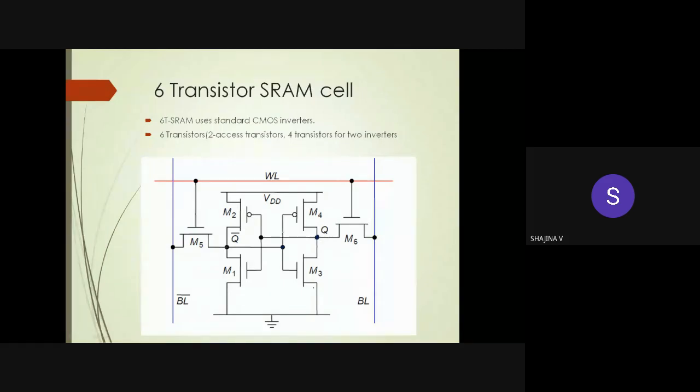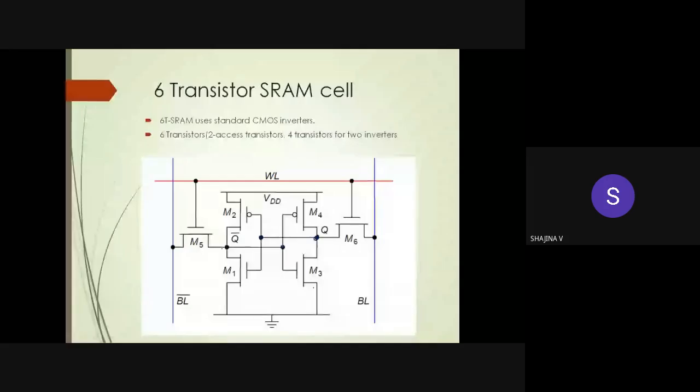Now we can say the input of this inverter is connected to the output of this one. Similarly, the input of this inverter is connected to the output of the other. That is the cross coupled inverters. And we are connecting the access transistors to these output points.